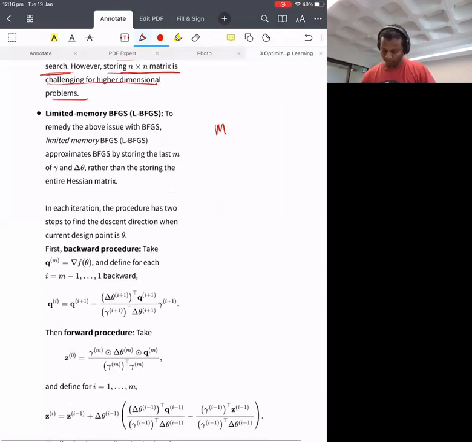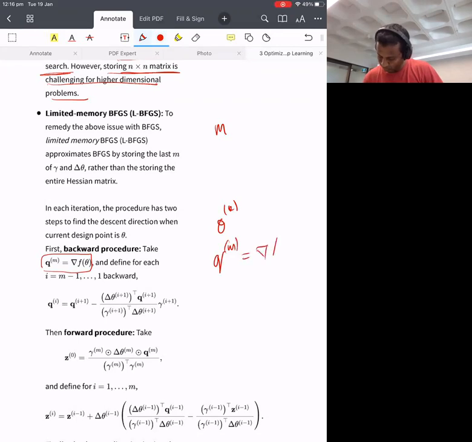Once we have access to them, we take the gradient wherever you are. Suppose you are at theta k in the kth iteration. So you take QM being the gradient of f at theta k. That's easy to compute, and we already compute that for approximating the function.